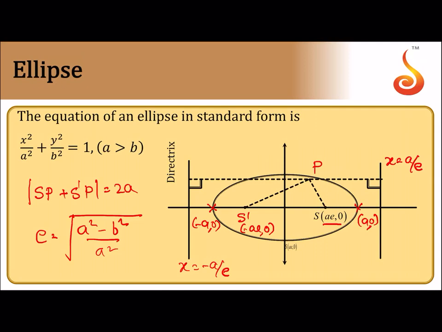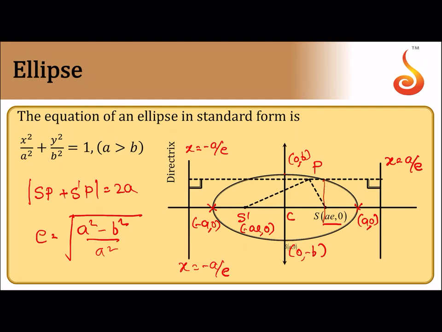These are the two foci, S equal to ae comma 0 and S dash equal to minus ae comma 0. Eccentricity is under root of a square minus b square by a square. This point is 0 comma b, this is 0 comma minus b. These are the two directrices, x equal to a by e and x equal to minus a by e. Most important is SP plus S dash P is equal to 2a. And this is the centre 0, 0.